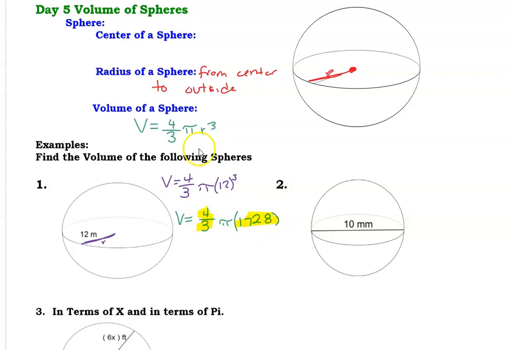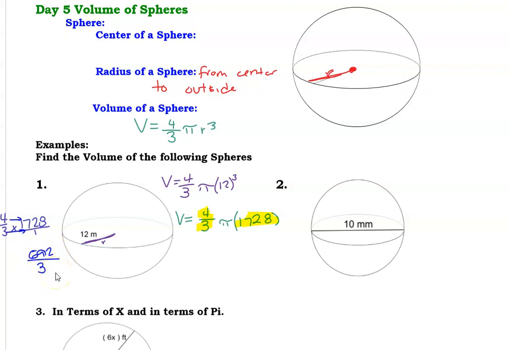Now to simplify this even further, I'm going to group together my two numbers and leave the pi out of it for now. So I'm going to multiply those two together, and I'm going to write it over here so you can see. 4/3 times 1,728. I'm going to put that over 1 because if we want to write a whole number as a fraction, I can put it over 1. So now I need to multiply across. So 4 times 1,728, that is 6,912, and that's all over 3.